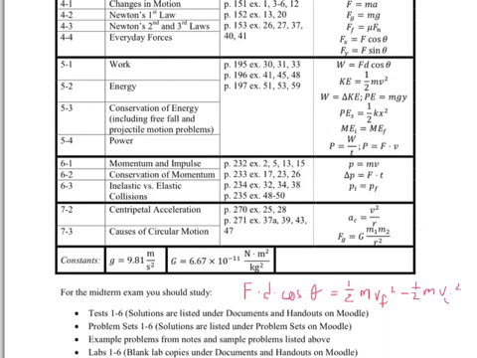That's the work kinetic energy theorem. It's not written out as a formula because you have all the formulas right above it. These two formulas are what go into the work kinetic energy theorem. So I'll give you the work kinetic energy theorem, W equals delta KE, but this is really what it is at the bottom here.